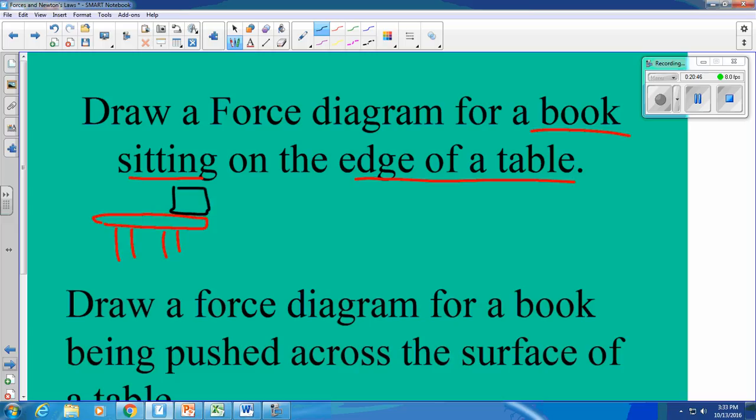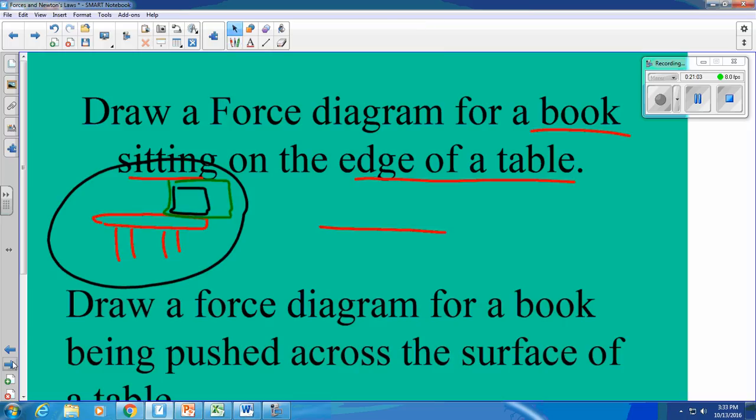I typically always draw the scenario of the problem, which is the big picture, and then I zoom in on what is happening to draw my force diagram. So I now have a zoomed in picture. I have my table. I have a box sitting on my table.